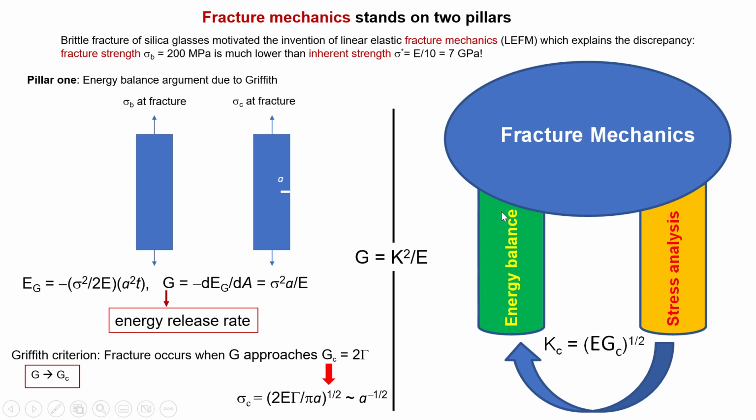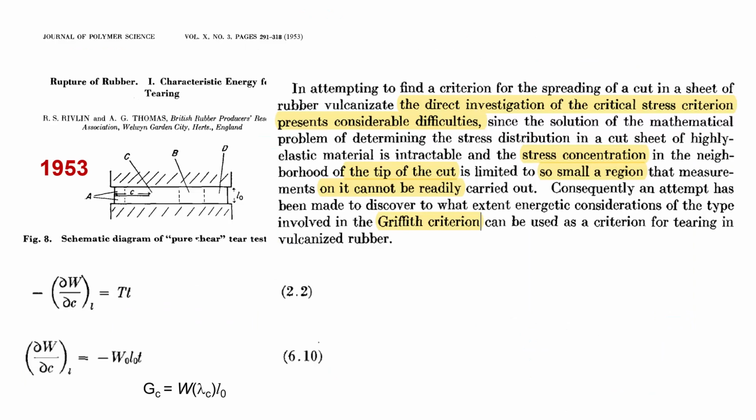In other words, instead of having two pillars, the recent practice, as far as I can tell, and please, I'm new, so correct me if I'm wrong on this, is basically taking this energy balance argument. It's certainly much easier to formulate a model and calculate energy than to talk about stress. So in any case, we are basically back to this energy balance argument when you speak about the fracture criteria.